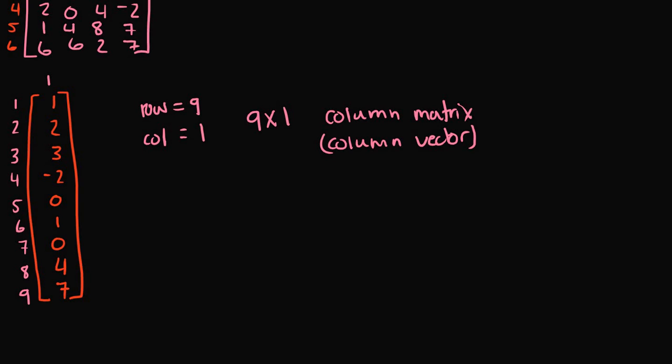So some examples of column matrices are 100 by 1, right? 100 rows and only one column. 3,427 by 1, right? It has 3,427 rows, but it only has one column. And even 1 million by 1. It has 1,000,000 rows and only one column. So all of these are called column matrices or column vectors.